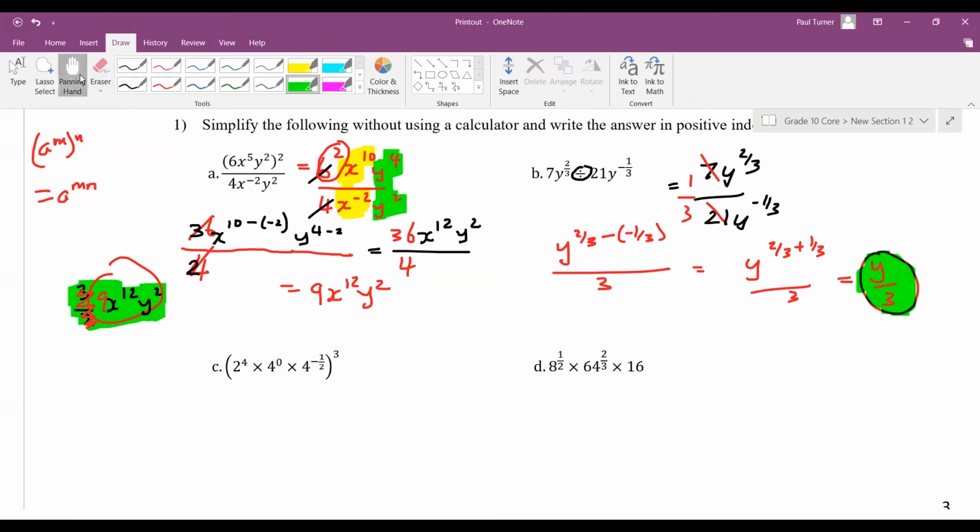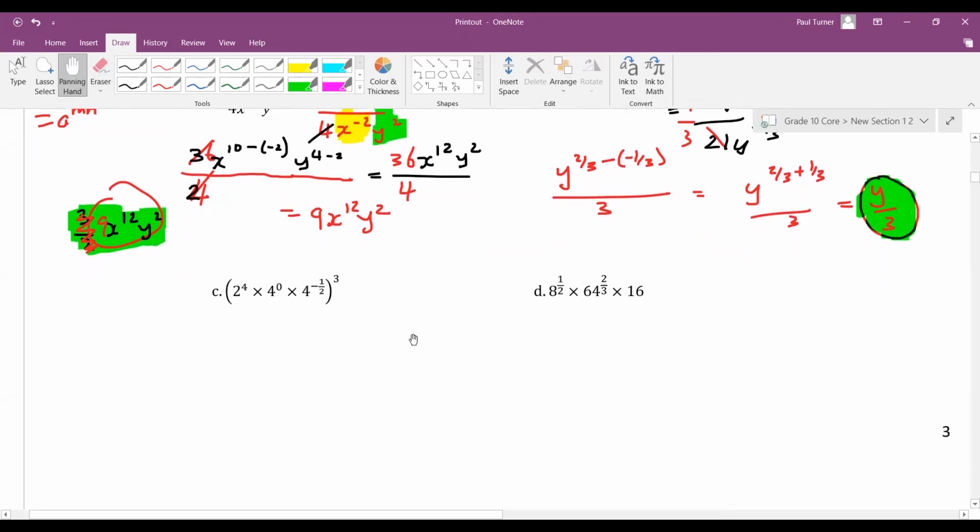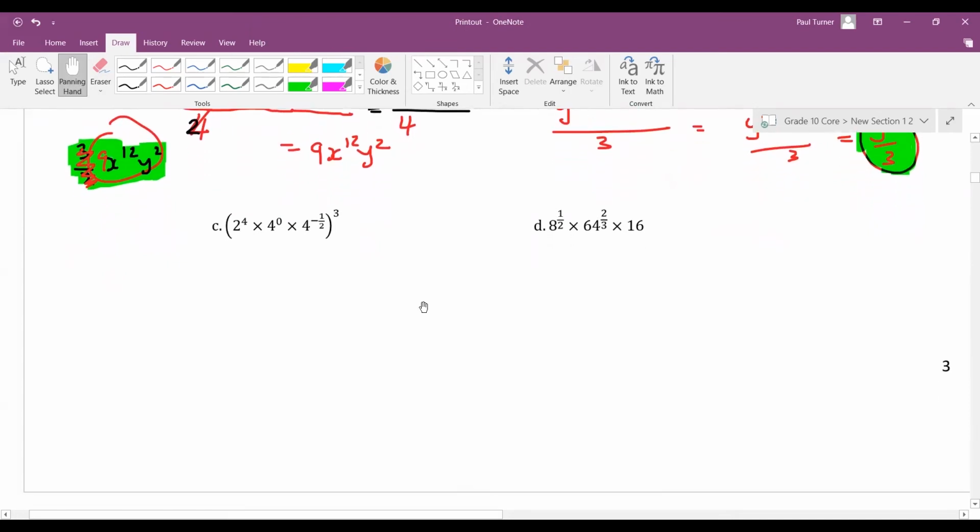And for C, there's a couple of ways to do it. I did inside the bracket first. So let's do the way I did on my answer key. So you've got 2^4, 4^0, and then we've got 4 to the minus a half, which is 2 squared to the minus a half, cubed. 4 power 0 is 1.